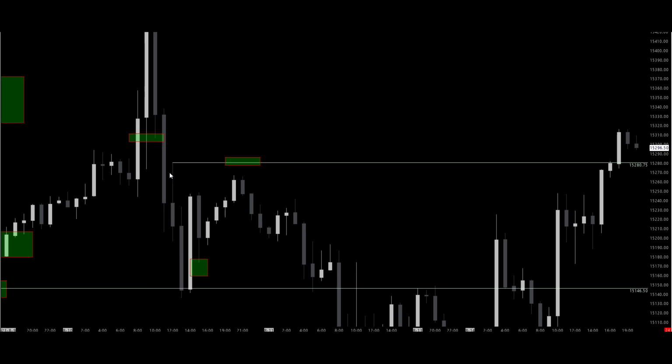Right? But inside of that, where could we sweep internally inside of the move without really getting any continuation? Well, nothing says trade through me like almost equal highs. If I were to get long here, the only other thing I would be looking at is this area.